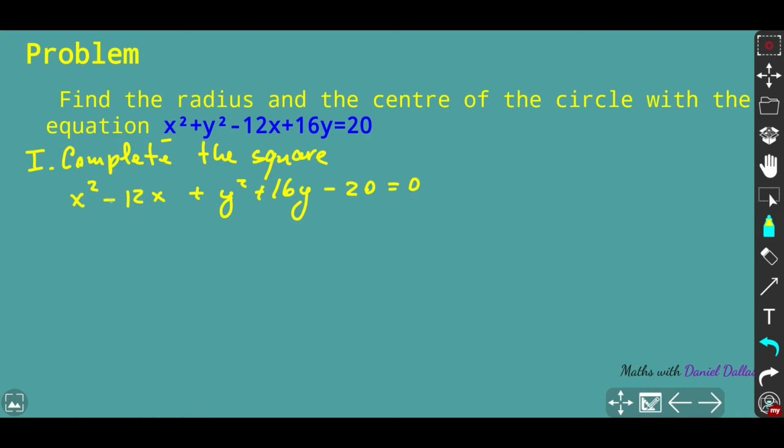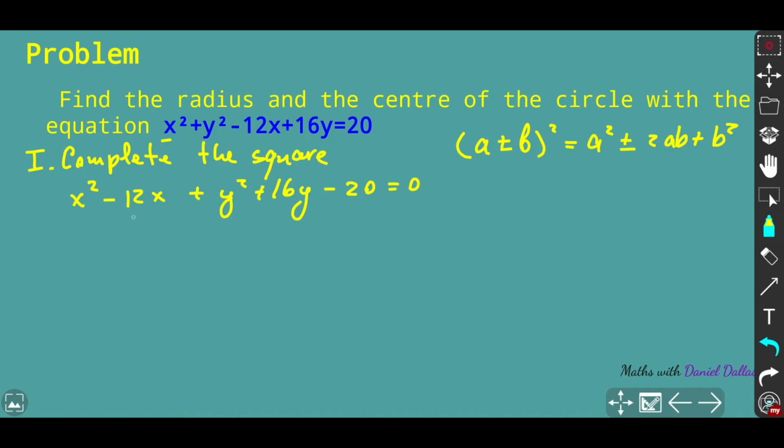It's based on the formula (a plus or minus b) squared, which is a squared plus or minus 2ab plus b squared. It's based solely on that. We take the first part, which is already x squared minus 2 times x times 6. So you can rewrite it as 2 times 6x.